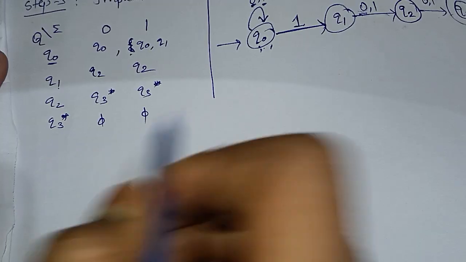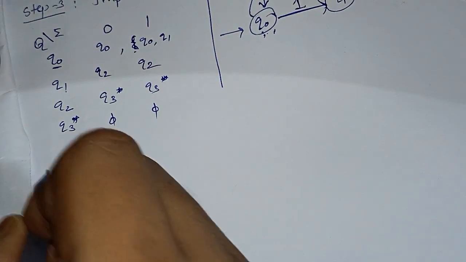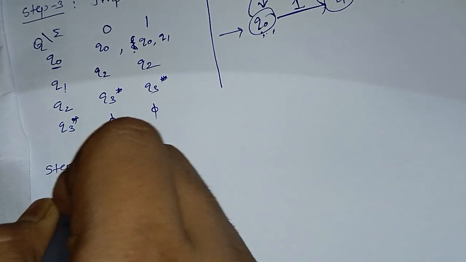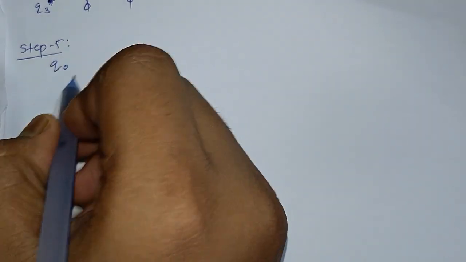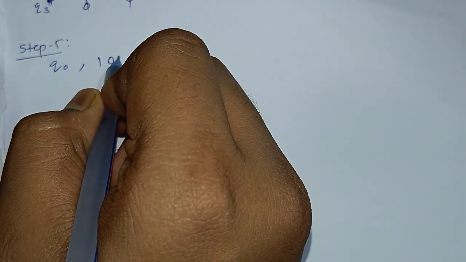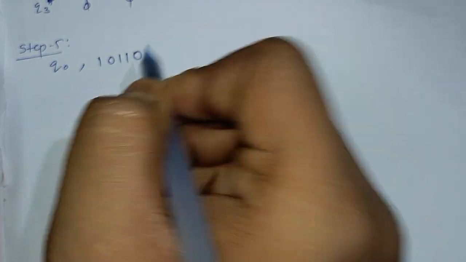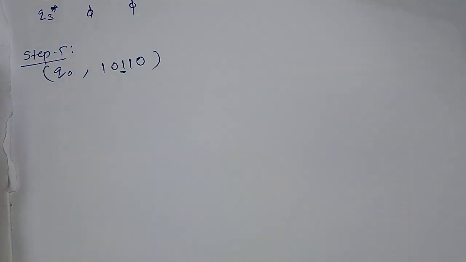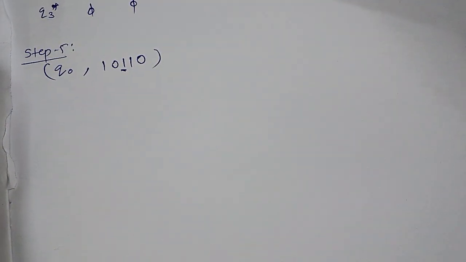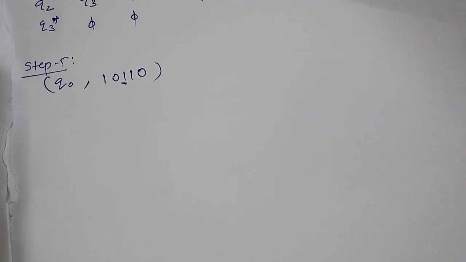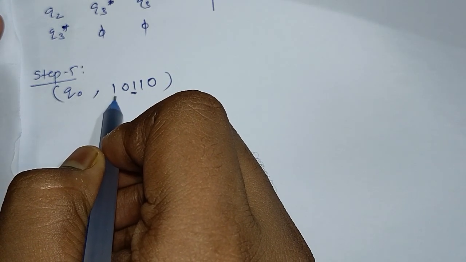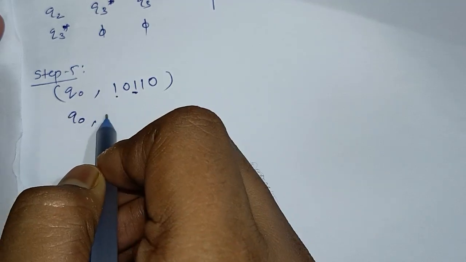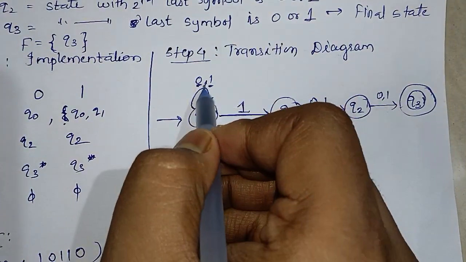Now let's take some examples. Step 5, Q0. I take an example 1 0 1 1 0. Now see, in this the third last symbol is 1. This string must be accepted by the NFA. This is not the third last symbol, so it stays in the same Q0, as we have shown here, 0 and 1.